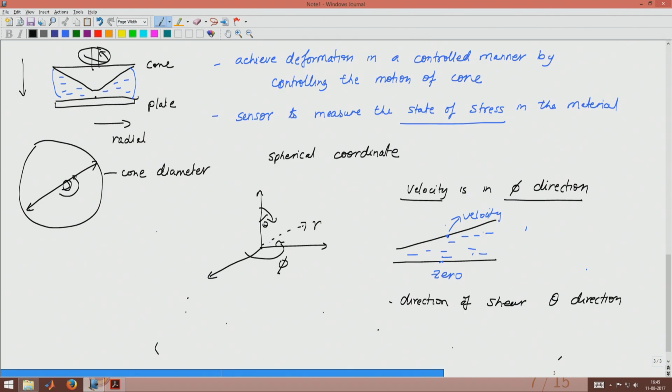As you go from this point to this point, we have this vertical line, and from here we measure the angle theta. So, theta measures the top surface as well as the bottom surface, and of course, this bottom surface is theta equal to pi by 2.